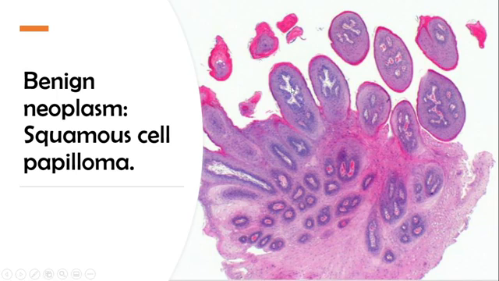The core of these papillae is filled with stroma called fibrovascular core. Here there is a central fibrovascular core. Here the upper part shows cross sections of these papillae or frond-like structures, and the lower part shows a longitudinal section.